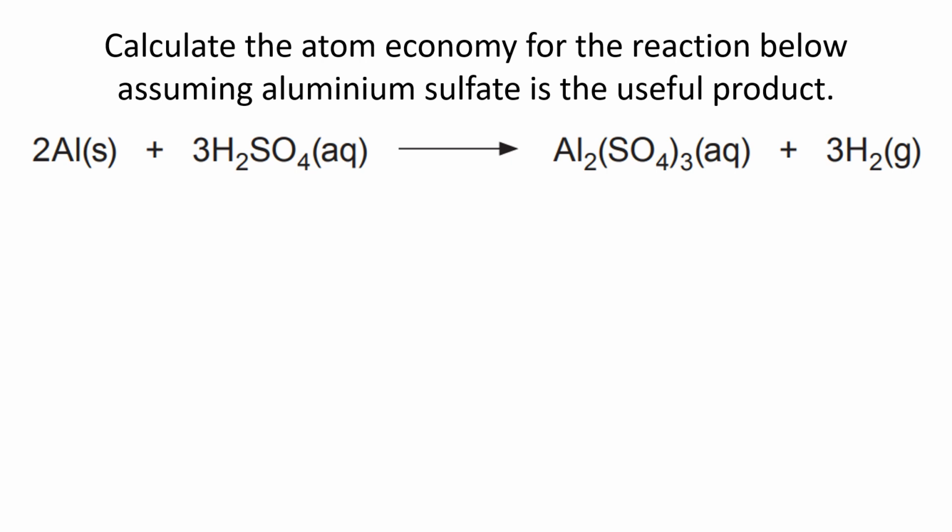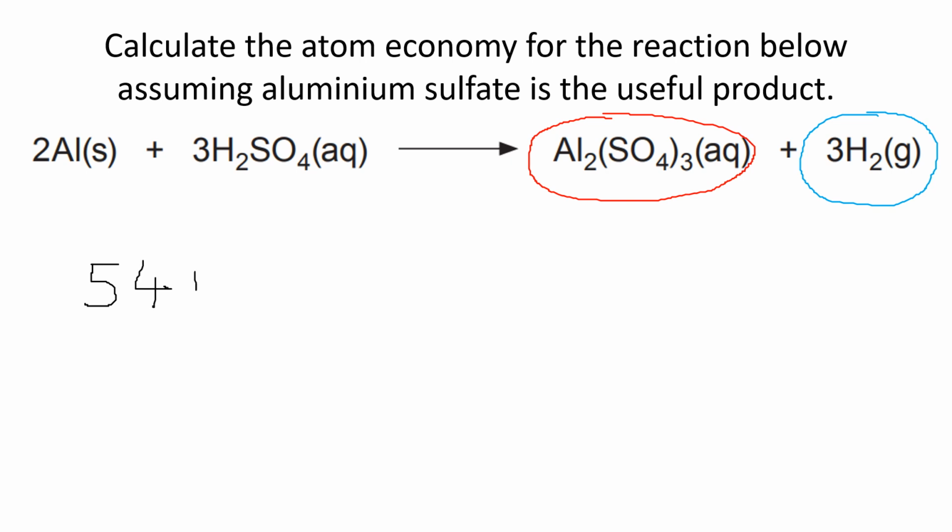This one here is a little bit more complicated because it involves brackets, but the principle is the same. This is your useful product, the aluminium sulfate, and then the waste product is the 3 lots of the hydrogen. So to solve this, you've got 2 lots of aluminium, so that's 2 lots of 27, so that's 54 from the aluminium.